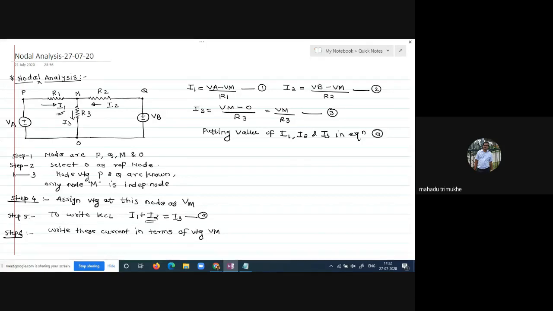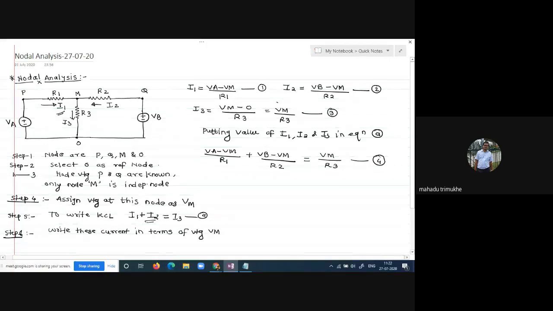That is I1 plus I2 is equal to I3. Means we write VA minus VM divided by your R1 plus VB minus VM divided by your R2 is equal to I3, which is your VM by R3. That is equation number 4. That is step number 6 we have to solve.